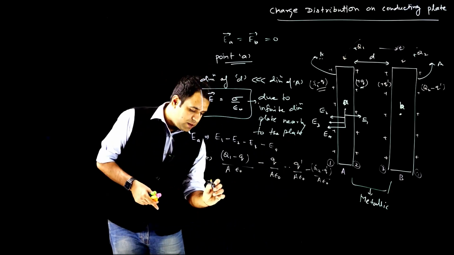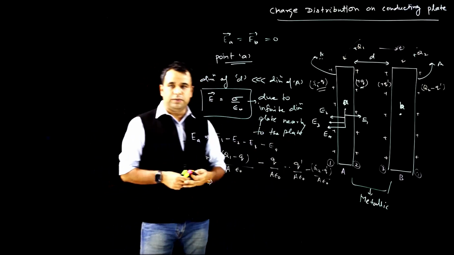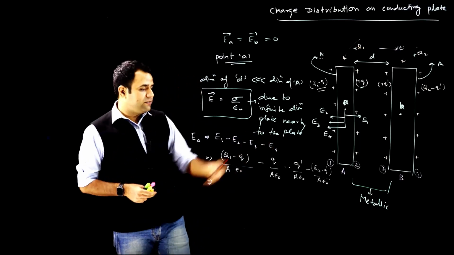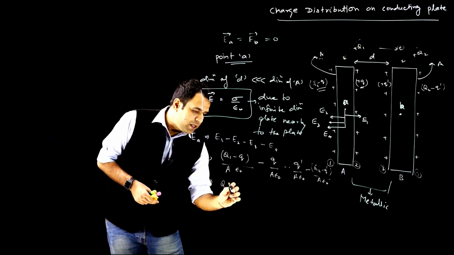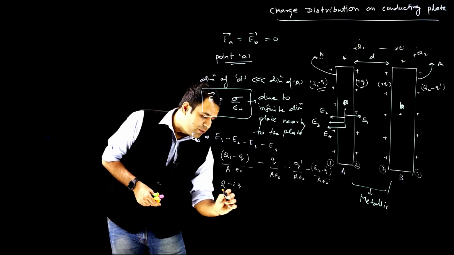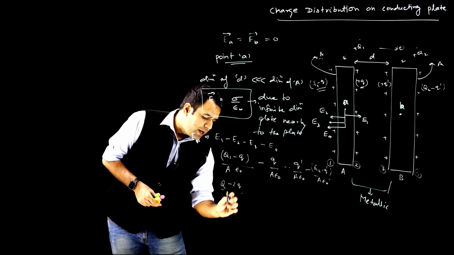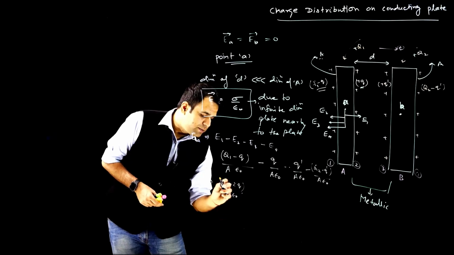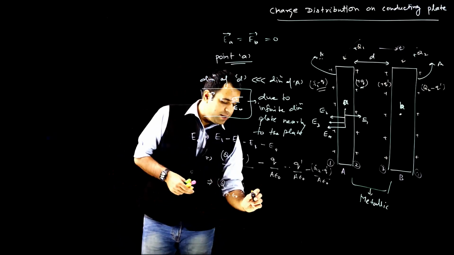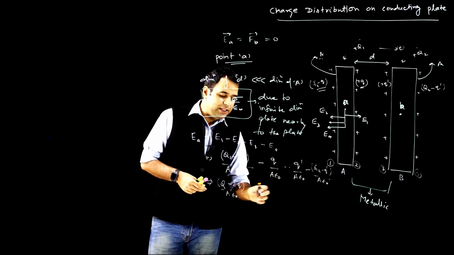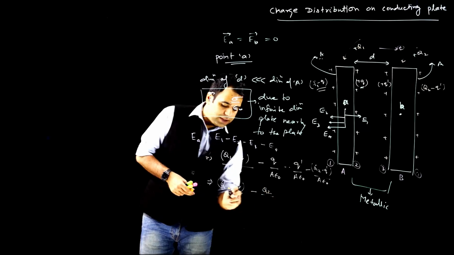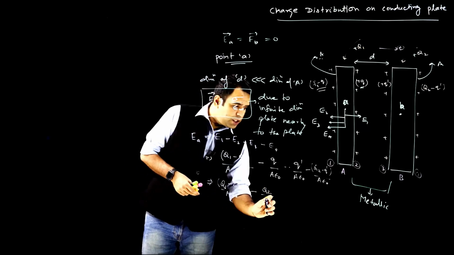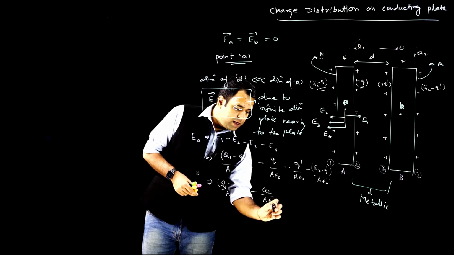So let's combine all these values. If we add these two, it will be capital Q1 minus 2 small q upon A epsilon naught, and minus, if you take the minus common, Q2 upon A epsilon naught.